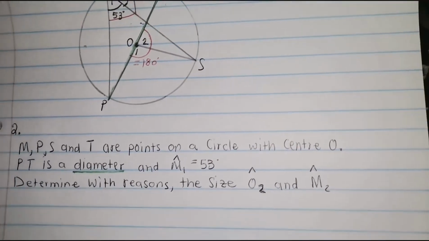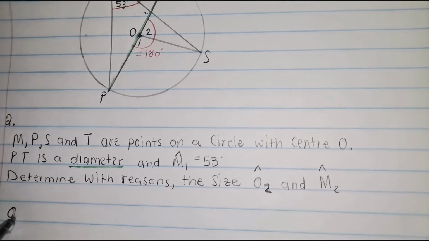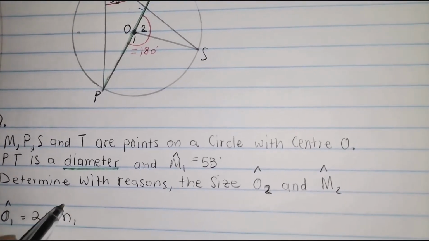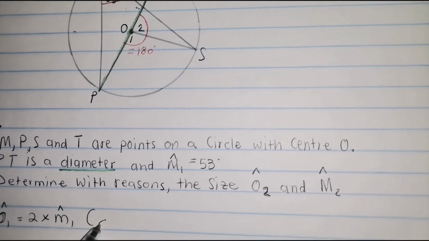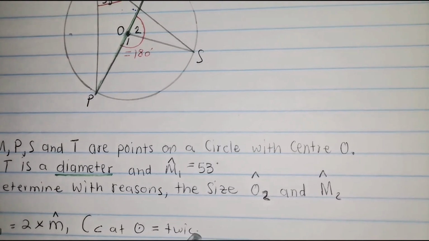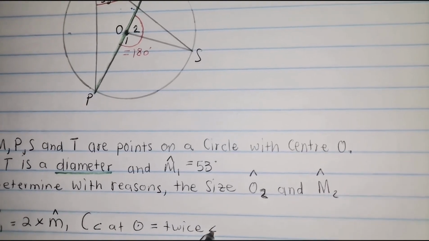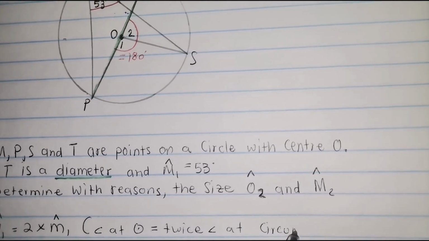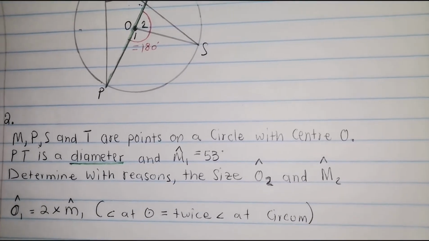So you just want to say O1 is equal to 2 times M1. Reason, according to theorem number 2: angle at center equals twice angle at circumference. Then what is the value of O1?